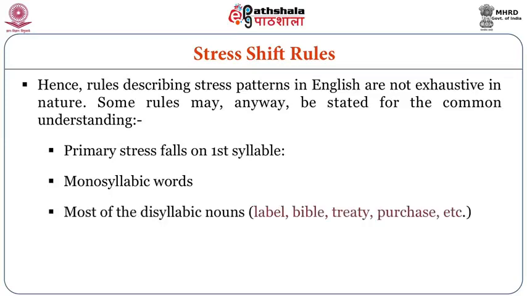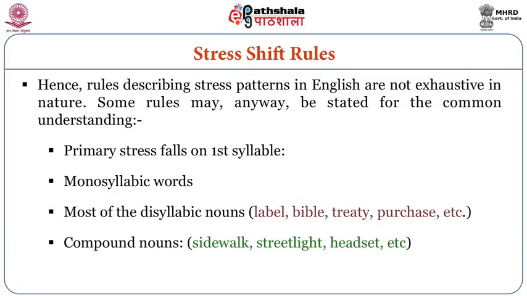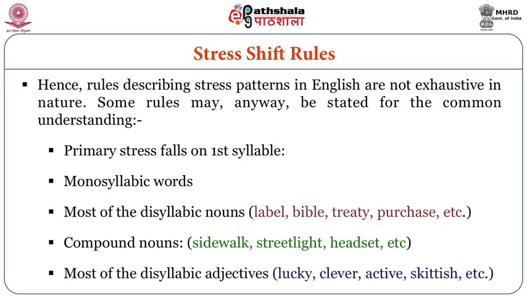Monosyllabic words, most of the disyllabic nouns like label, Bible, treaty, purchase, etc. are there. Then we have compound nouns, sidewalk, street light, headset, etc. Most of the disyllabic adjectives like lucky, clever, active, skittish, etc. also have stress in various other places.